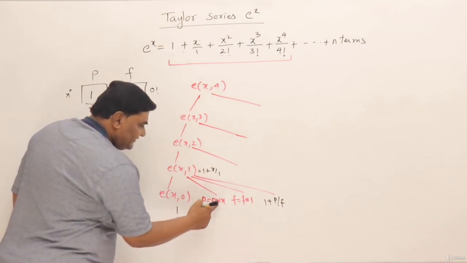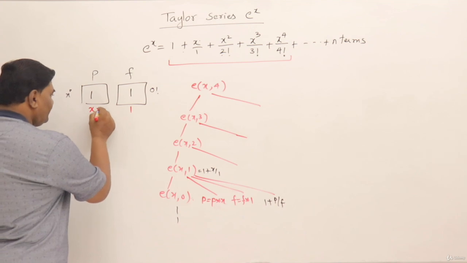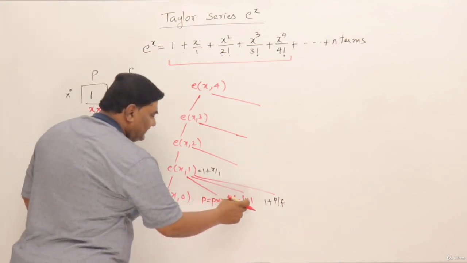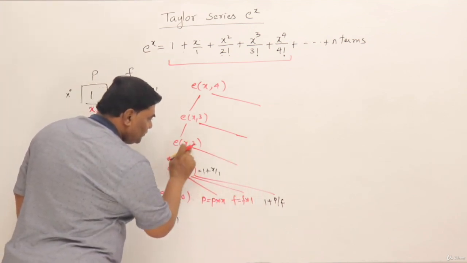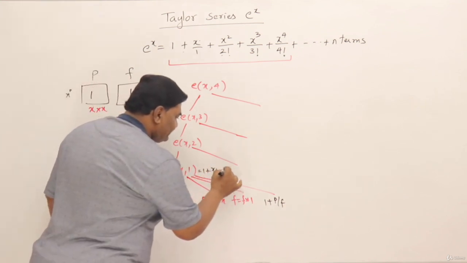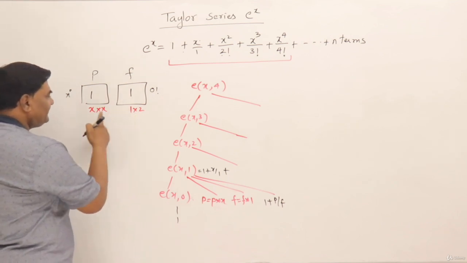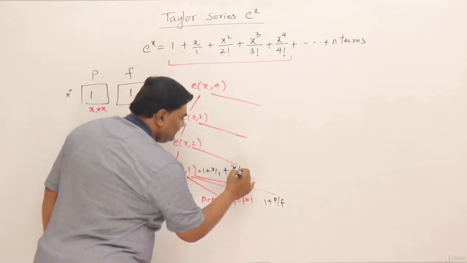Now in this call also it has to perform this. So p becomes into x, that is x square, and f becomes into 2, so this is 2 factorial, and plus, now in this result it is added. So what is added? p by f. So p is x square and f is 2.